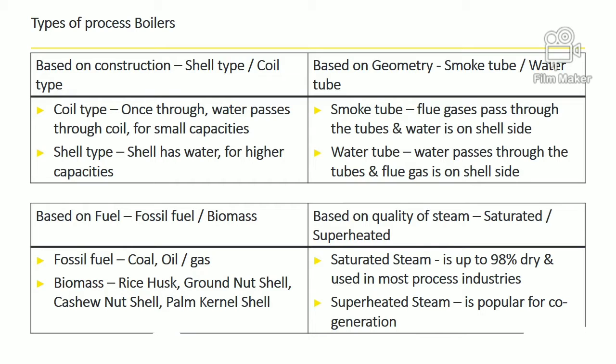Lastly, based on quality of steam generated, they are classified as saturated boilers which supply wet steam used for process heating mainly, and superheated boilers that supply superheated steam which is used for power generation.